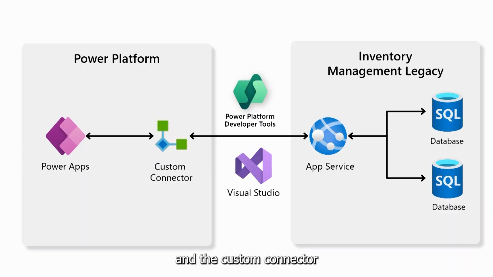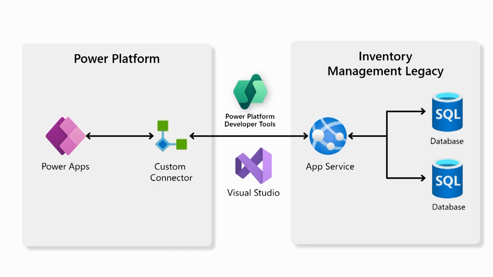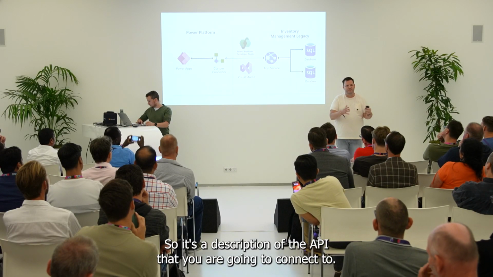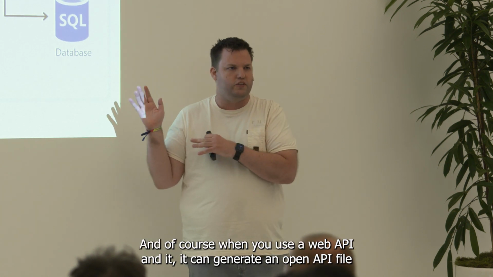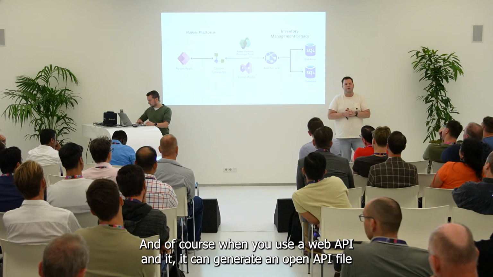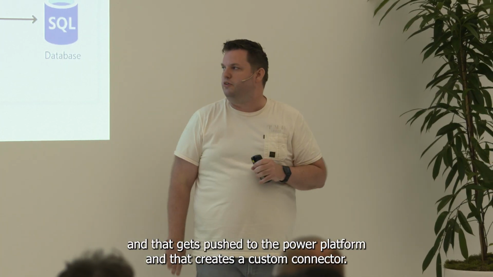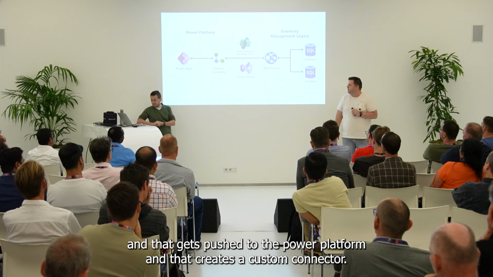And a custom connector, for the people that don't know that, is basically an OpenAPI file. So it's a description of the API that you are going to connect to. And of course, when you use a web API, it can generate an OpenAPI file, and that gets pushed to the Power Platform, and that creates a custom connector.